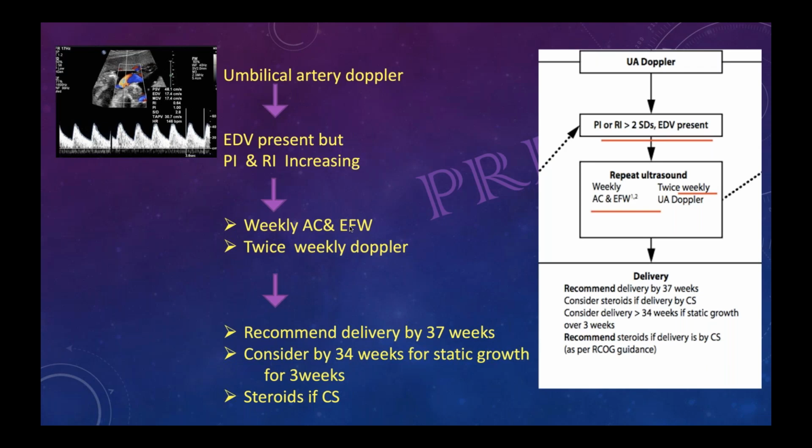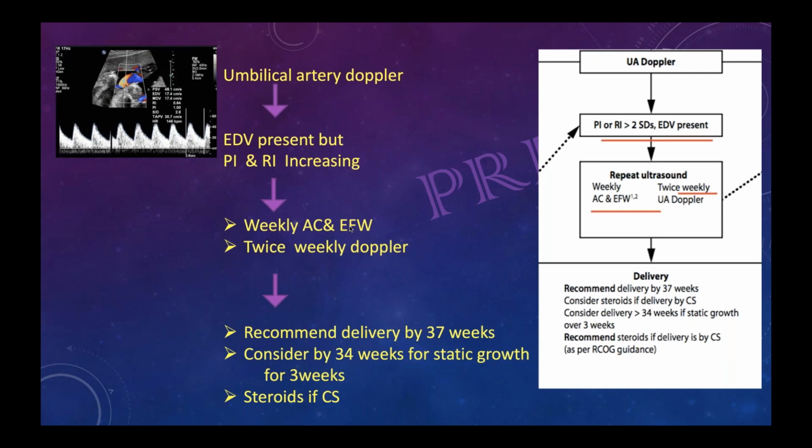Okay, so this is the second, middle part of that big table, and you will get a number of questions from here. I am repeating it again. If your Doppler is fine and the diastolic flow is there, but your indices RI and PI are increasing, you would be worried. So you have to do something.